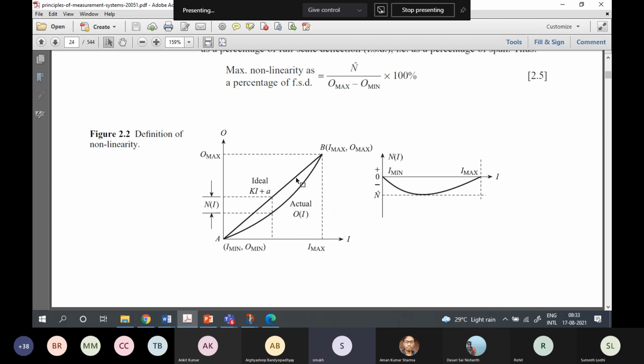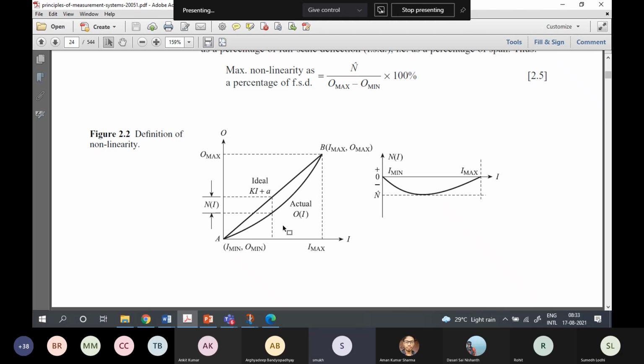Now when you describe this by this line, but the actual characteristic is like this, then you also have to say what the deviation from this line is, right? Typically, if this deviation is not too high, then you still want to pass the instrument as a linear instrument for convenience. But you want to say that there is a nonlinearity and the effect is limited.